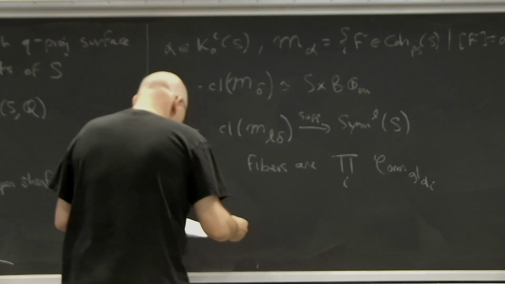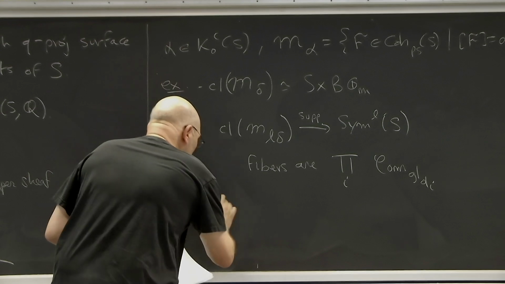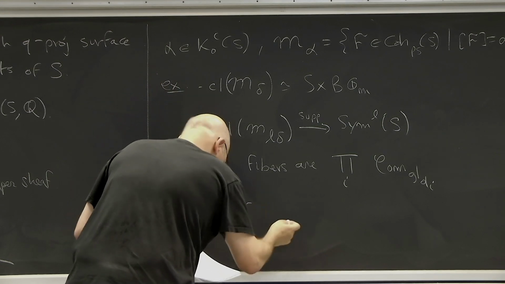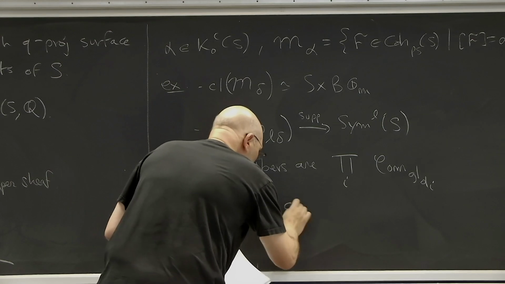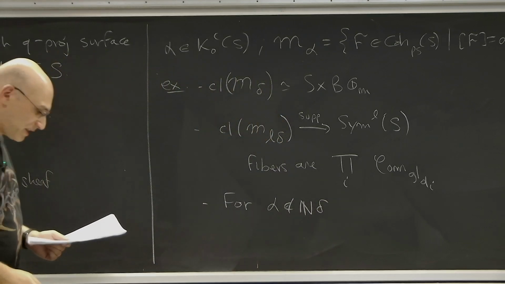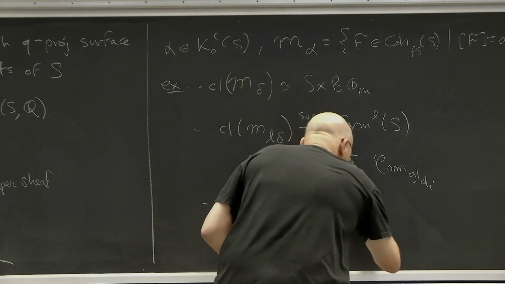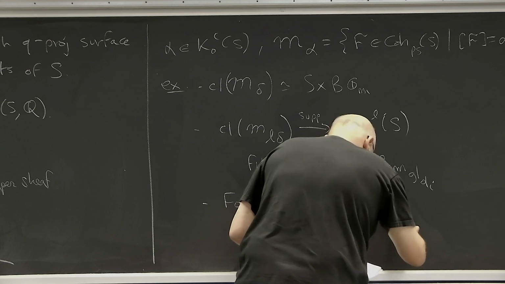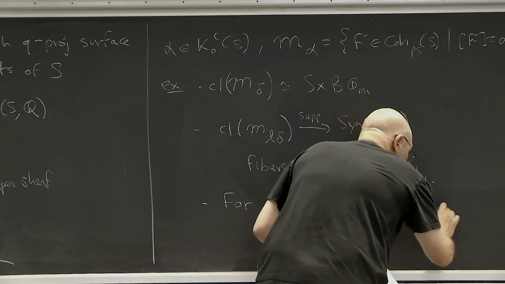Okay, and finally, let me just say that for alpha not of finite length, M alpha is only locally of finite type.